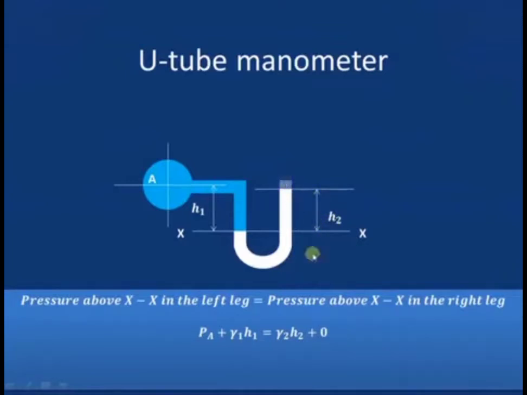Here the liquid present is manometric, whose specific weight is gamma 2, so the pressure will be gamma 2 into H2 corresponding to this height.